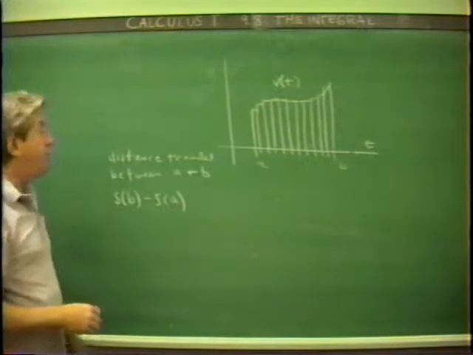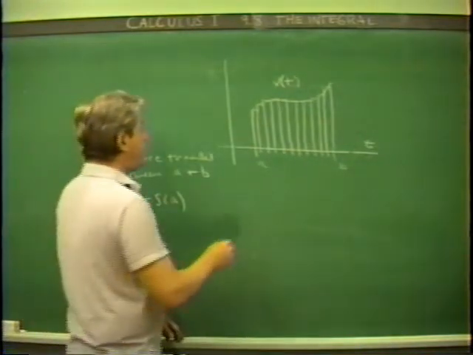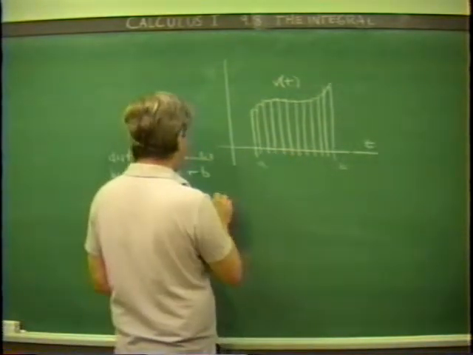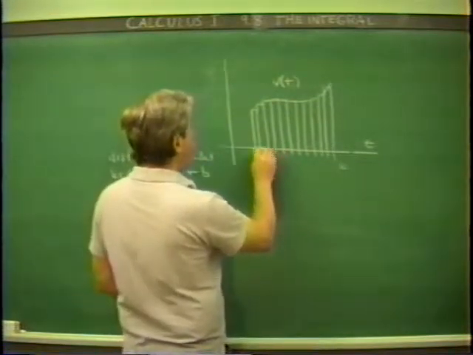That's to say, we would find the antiderivative of v, and we would take its value at b and subtract the value at a. Another way in which you could do this, though, is as follows.